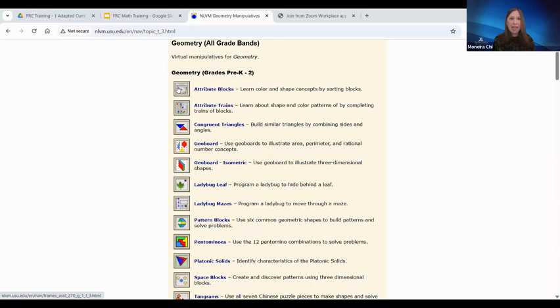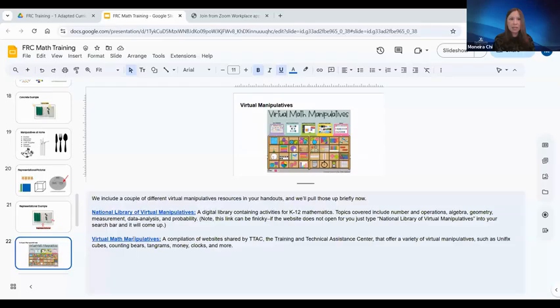Which blocks belong inside? And so I can see that they're all squares, and I can pull those squares in, right? So these are really fun, easy to use, quick. You literally just pull up the website, virtual manipulatives that you can use to teach or practice certain skills.